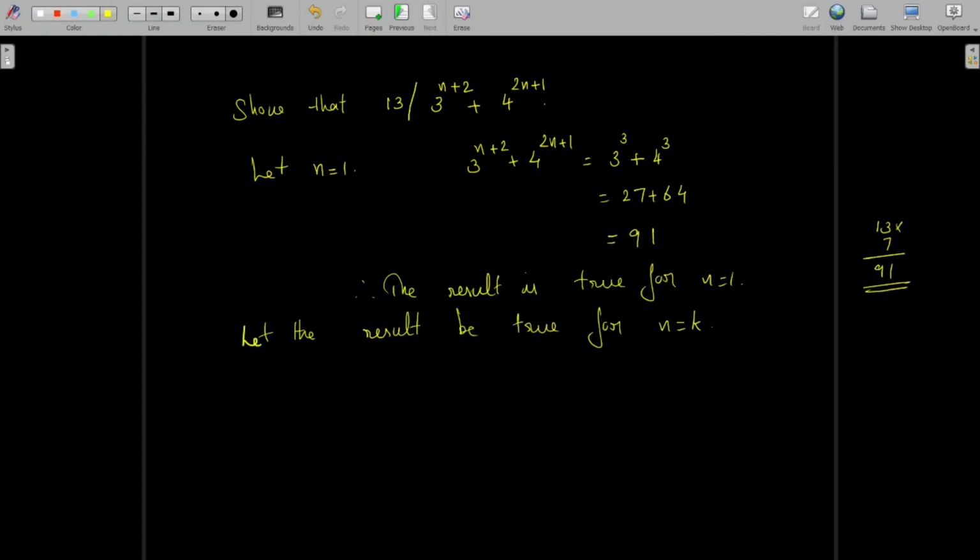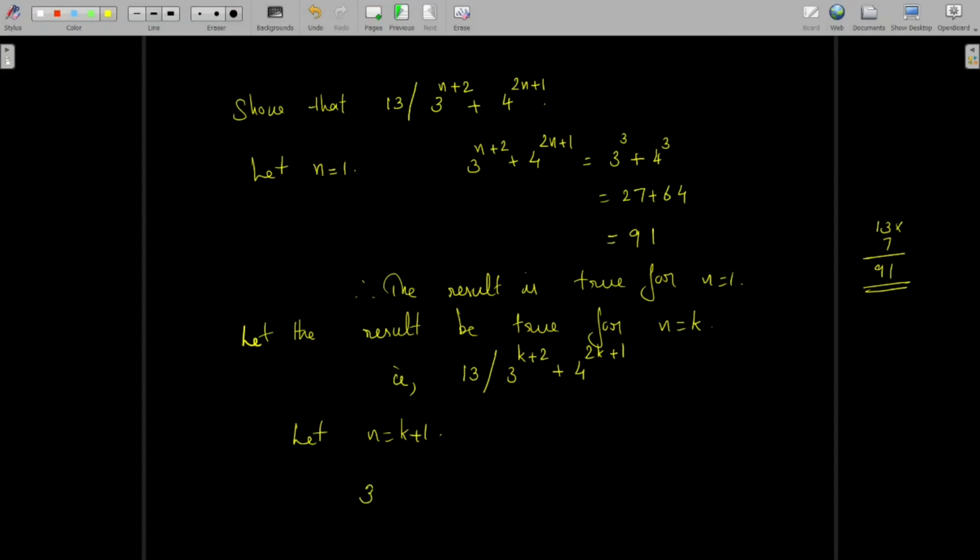Now to use the induction assumption, we assume that the result is true for n equal to k. That is, we assume that 13 divides 3 raised to k plus 2 plus 4 raised to 2k plus 1. Now we have to prove the case for n equal to k plus 1. So let n equal to k plus 1.